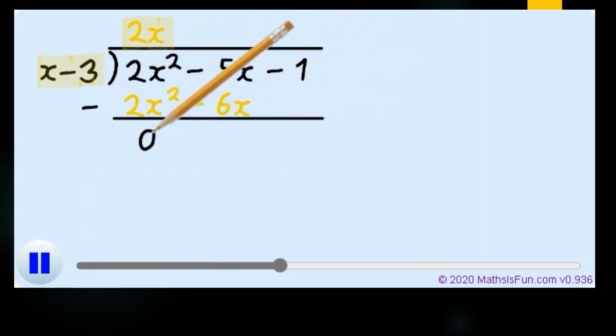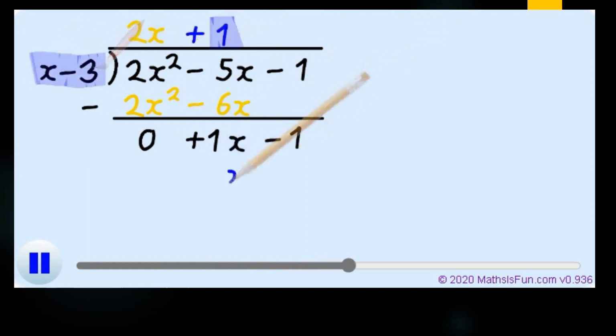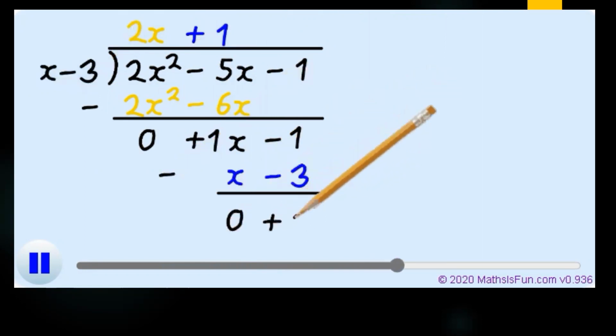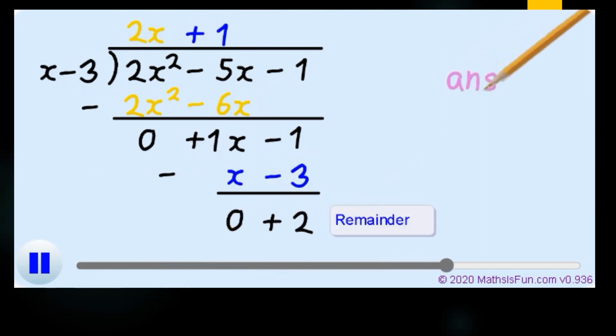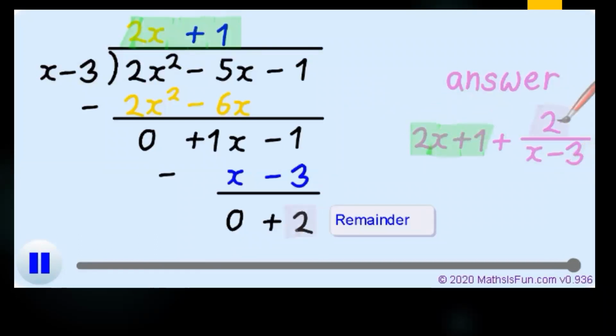So 2x squared over x, you get 2x, then you multiply 2x by x minus 3. Then as you see here, you have 0 plus 2. Now here, this 2 is the remainder. So when you write the answer, you have to write the quotient plus the remainder over the divisor.